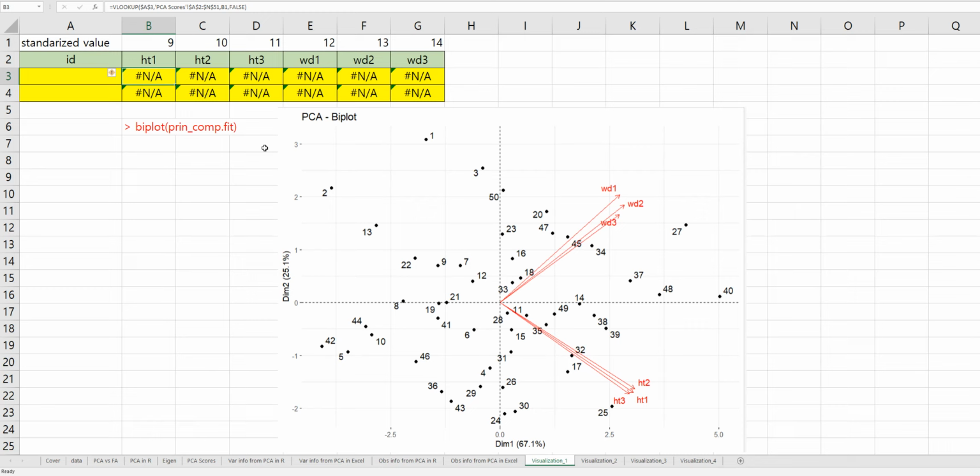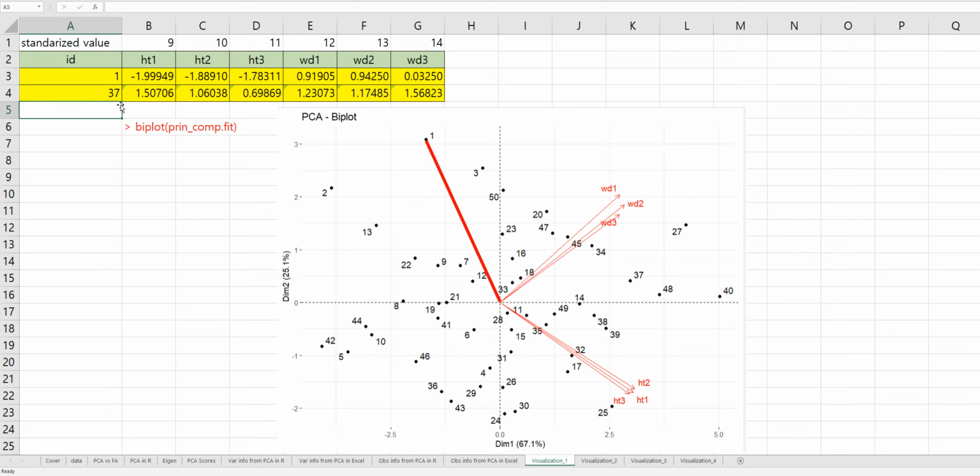To understand the meaning of the location of each observation, let's get the first ID here. This is the standardized value for the first ID. As you can see, the first ID is 37 here.